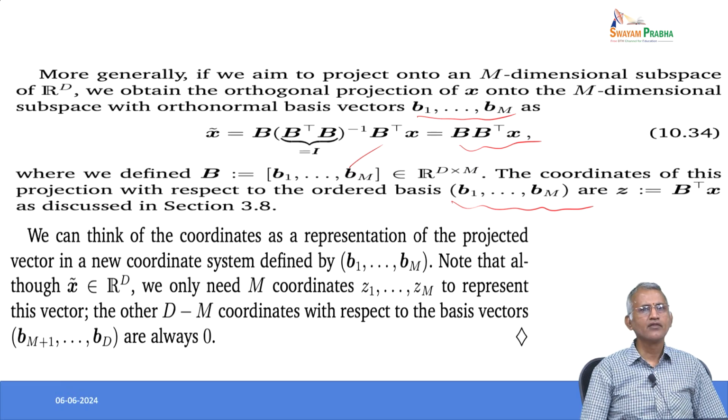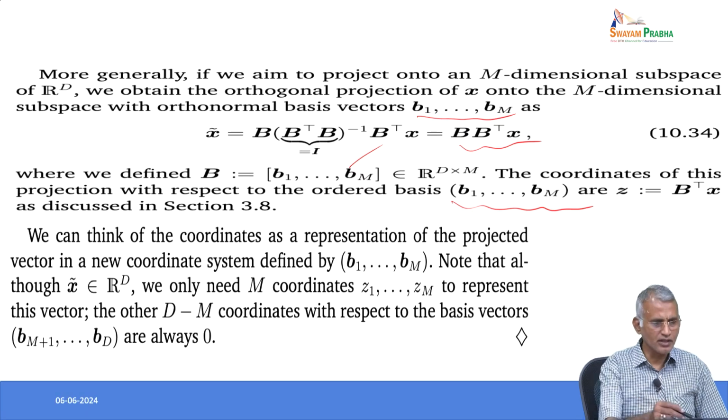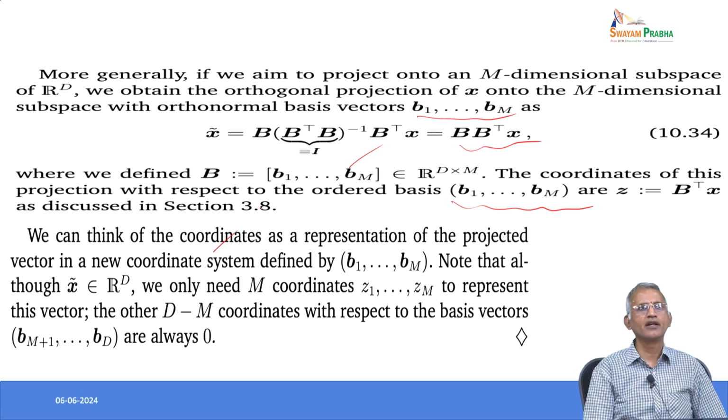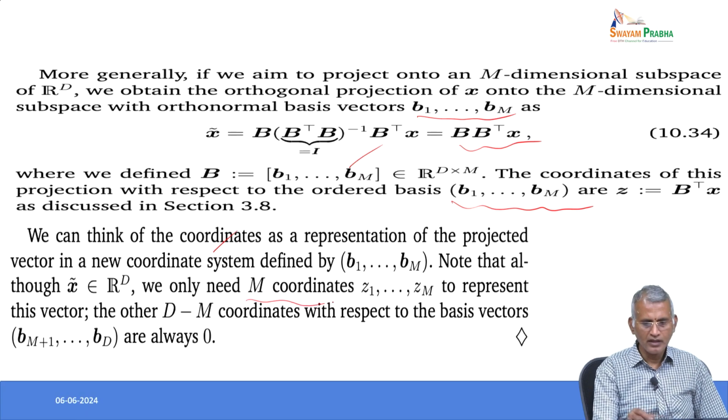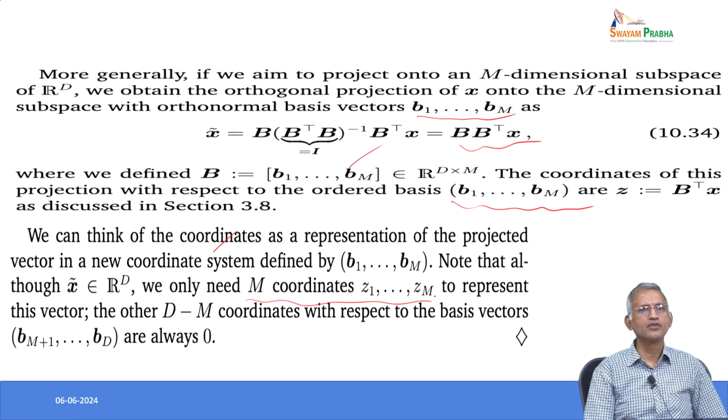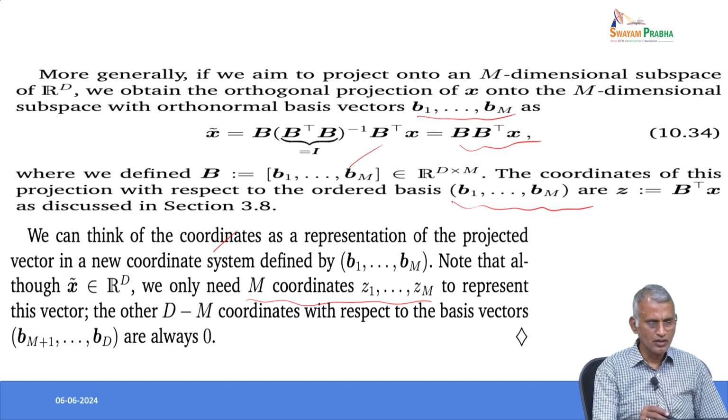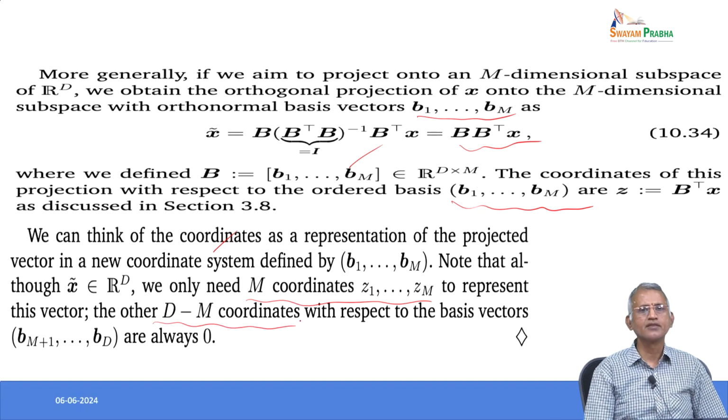So, we can think of the coordinates as a representation of the projected vector in a new coordinate system defined by b1, b2 and so on up to bm. Note that although x belongs to R^d, we only need M coordinates z1 to zm to represent this vector. The other D minus M coordinates with respect to the basis vectors bm plus 1 to bd are always 0.